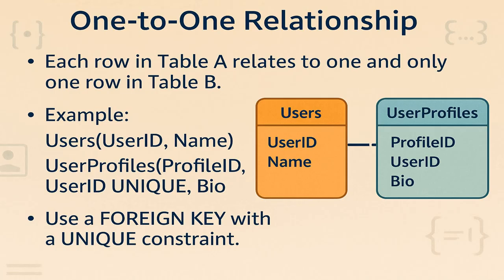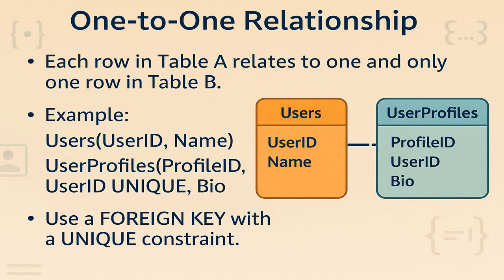Each user should have only one profile, and each profile is connected to only one user. So this is the one-to-one relationship.